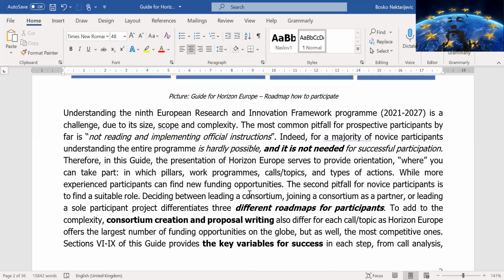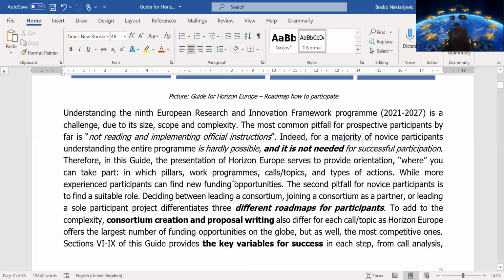And we've created roadmaps on how to participate. But to add to the complexity, of course, consortium creation and proposal writing also differ very much for each specific call and topic, as Horizon Europe offers the largest number of funding opportunities on the globe, but also the most competitive ones.